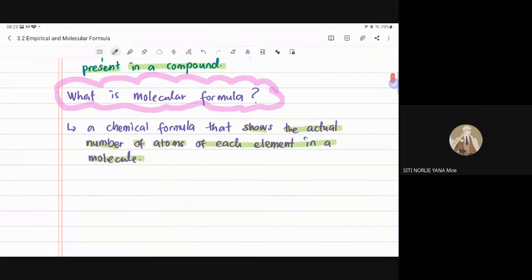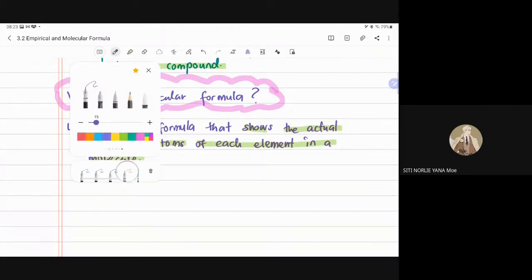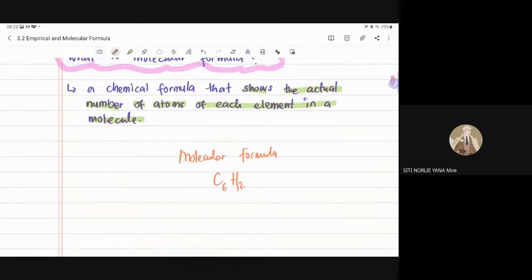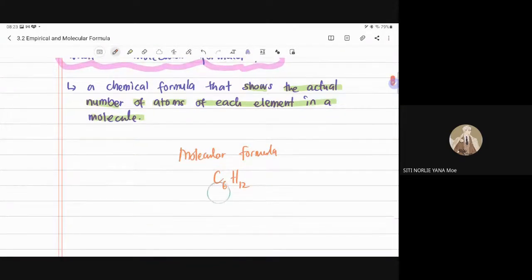simplify. Let's say saya ada molecular formula C6H12. So ini adalah nombor sebenar dia. Dalam compound ini ada 6 carbon atom dan 12 hydrogen atom.